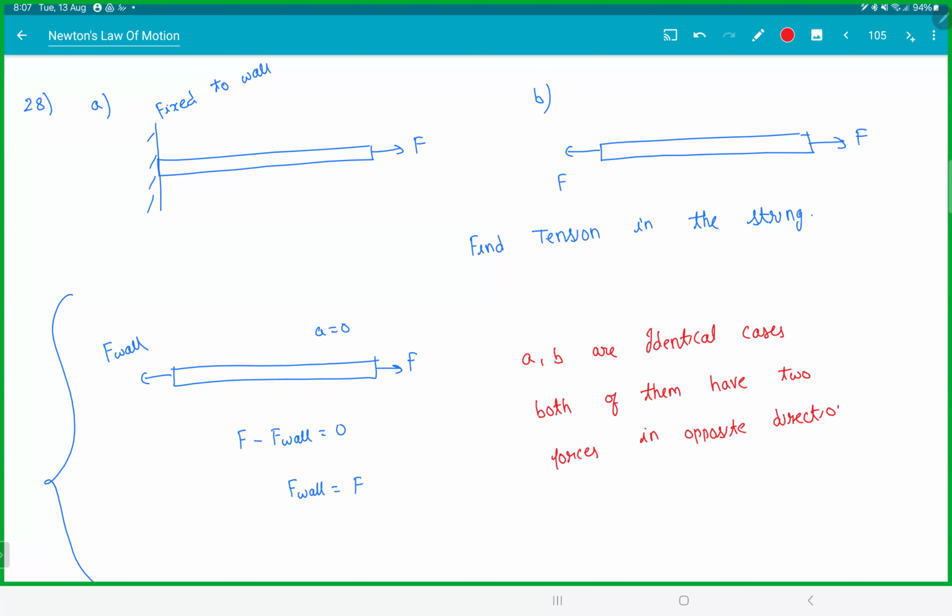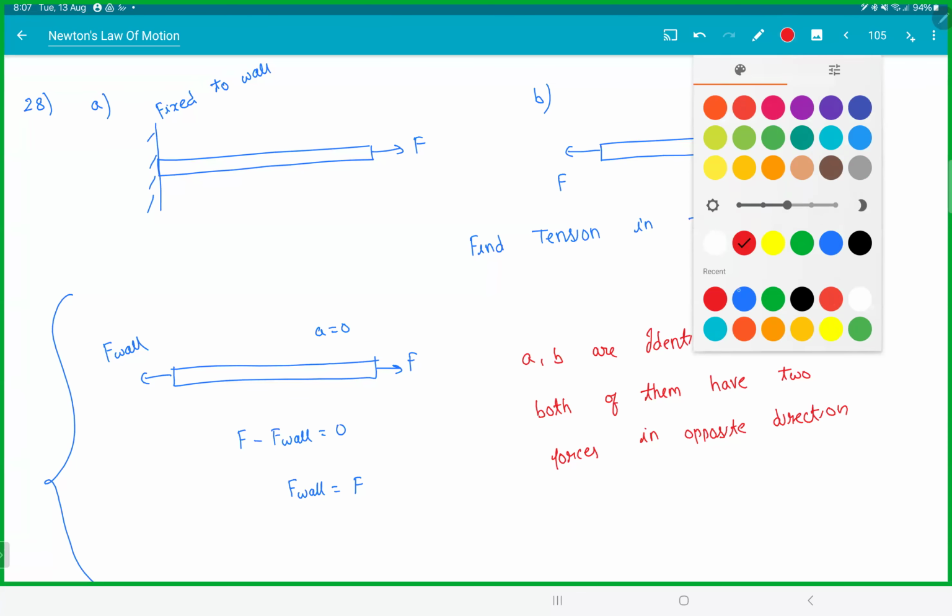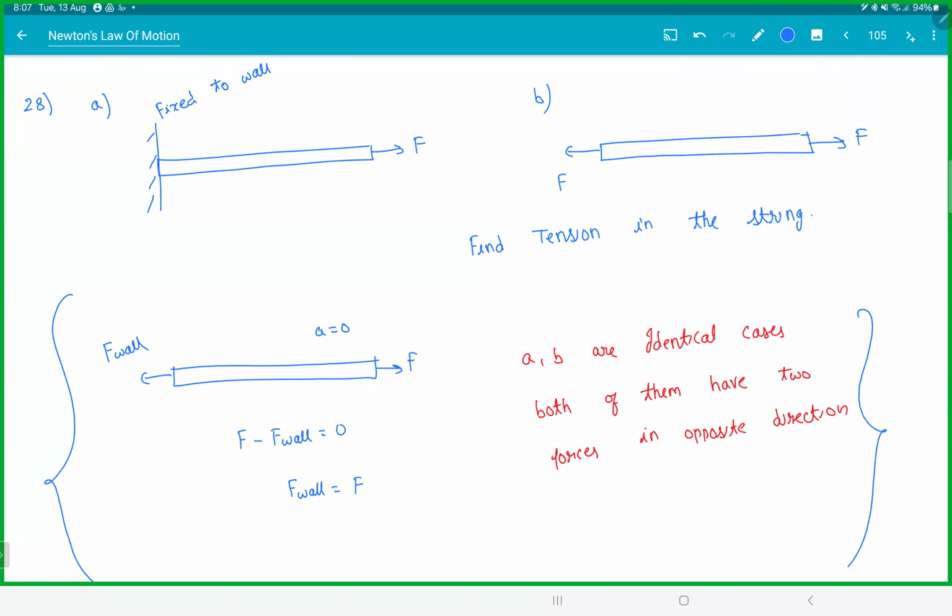That is one. Next thing. Now, some people say this thing. Tell me one thing. In case B or case A, what is the tension? Do you think it is 0 or 2F?